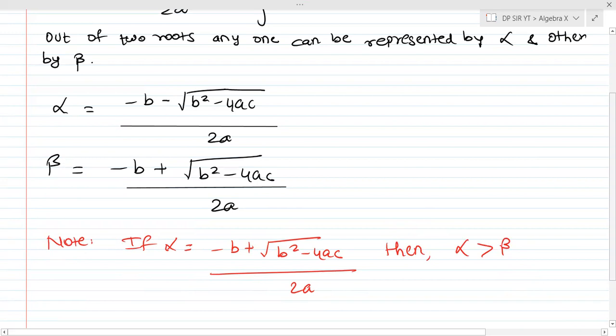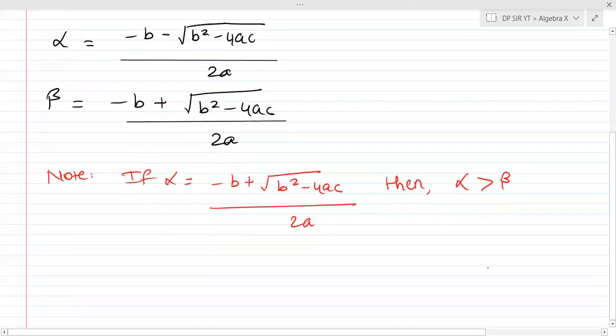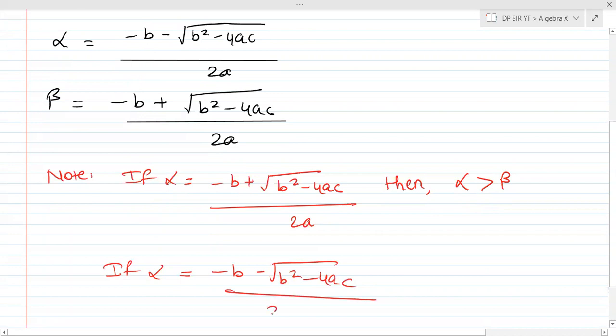And suppose if alpha is equal to minus b minus, as usual, root of b square minus 4ac upon 2a, then तुम्हारा ये जो इधर अल्फा है वो छोटा रहेगा as compared to beta.